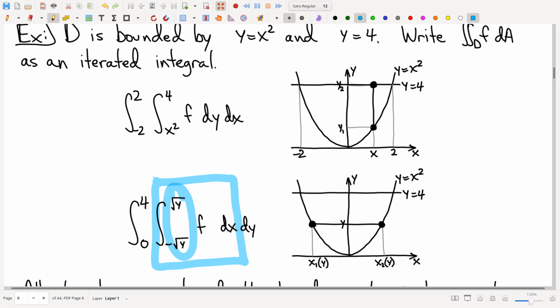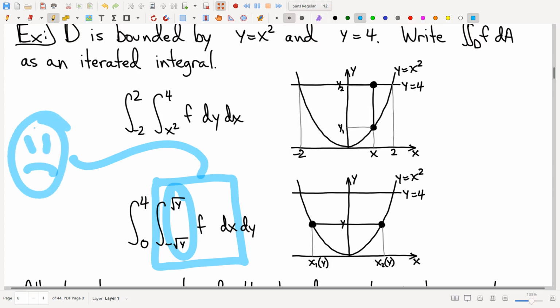Which means that this expression right here, that inside integral, your integrand for your outside integral is going to be an ugly expression involving square roots, and nobody wants that. In most cases, counterexamples granted, right? But that's why this is particularly bad. Is everybody okay with that? Does everybody see what I'm talking about? Okay.